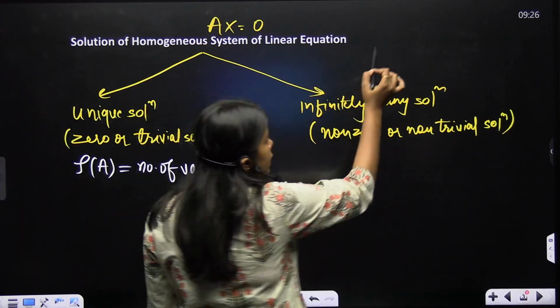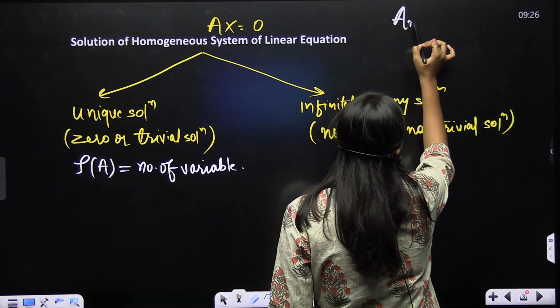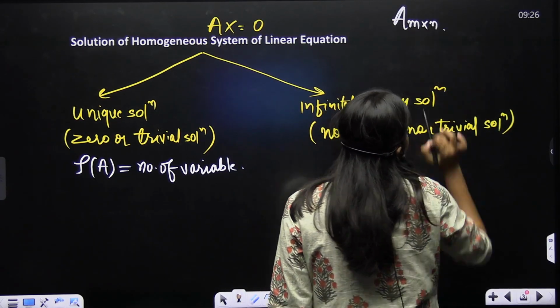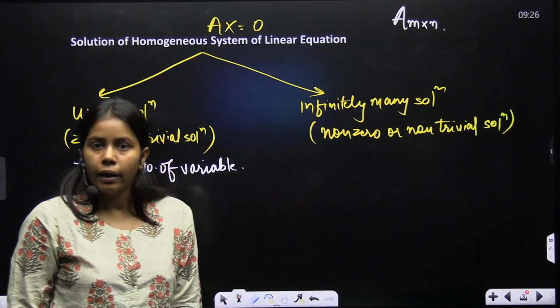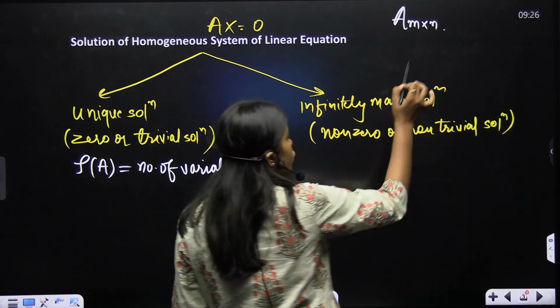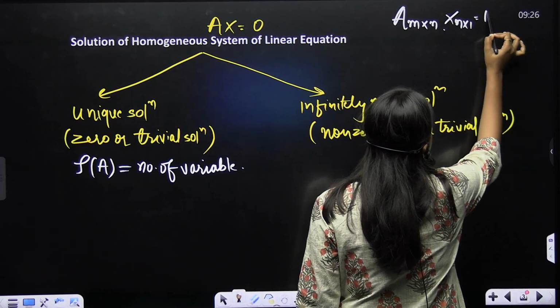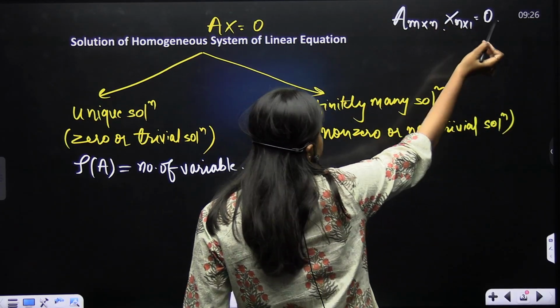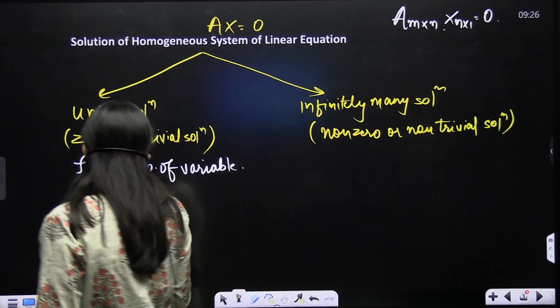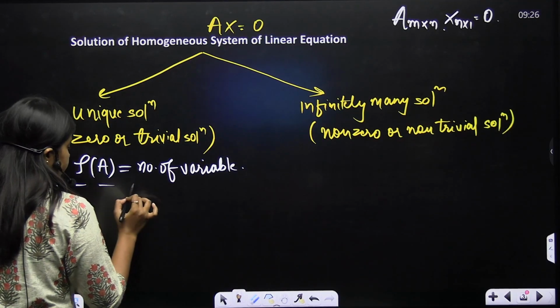Let's suppose, as we all know, that A is an m cross n matrix. How many variables can A have? n, because x should be a vector of order n cross 1. And you would get the right side 0 here, and this 0 vector would be of order m cross 1.